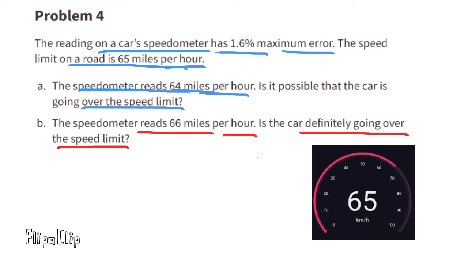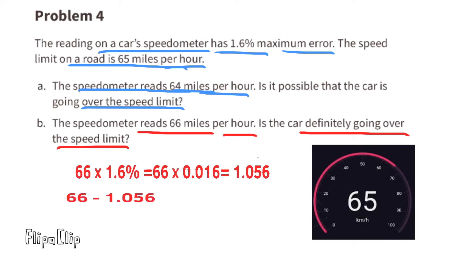B. The speedometer reads 66 miles per hour. Is the car definitely going over the speed limit? 66 times 1.6%, that can be written as 66 times 0.016, and that equals 1.056. Let's subtract 1.056 from 66.